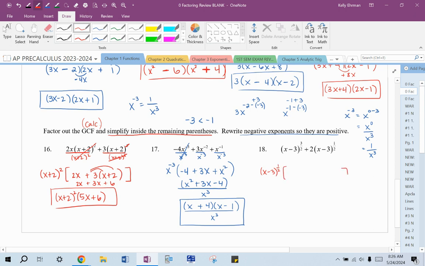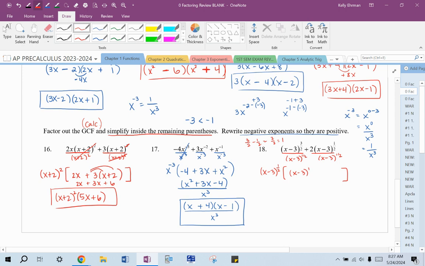And again, when we say factor that out, what we really mean is divide every term by that expression. So subtract your exponents. 3/2 minus 1/2 is 2/2, which is really just 1. So I'm left with x minus 3 to the first, or you could just drop the parentheses there.